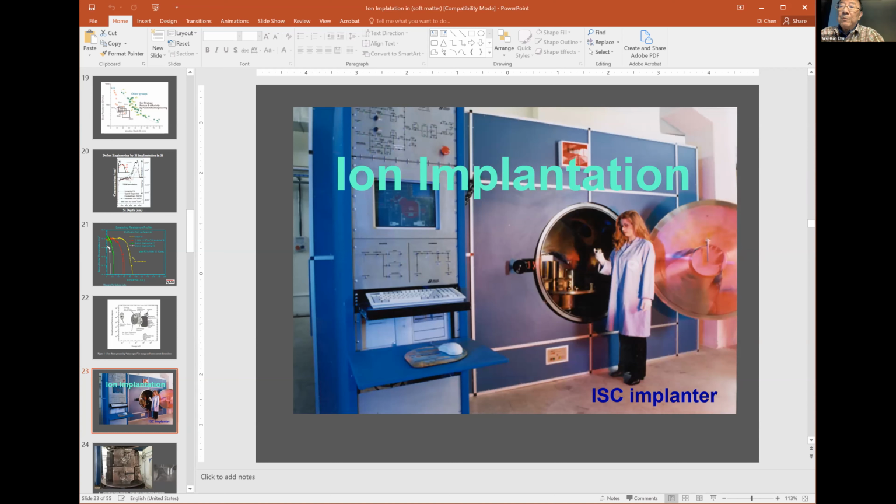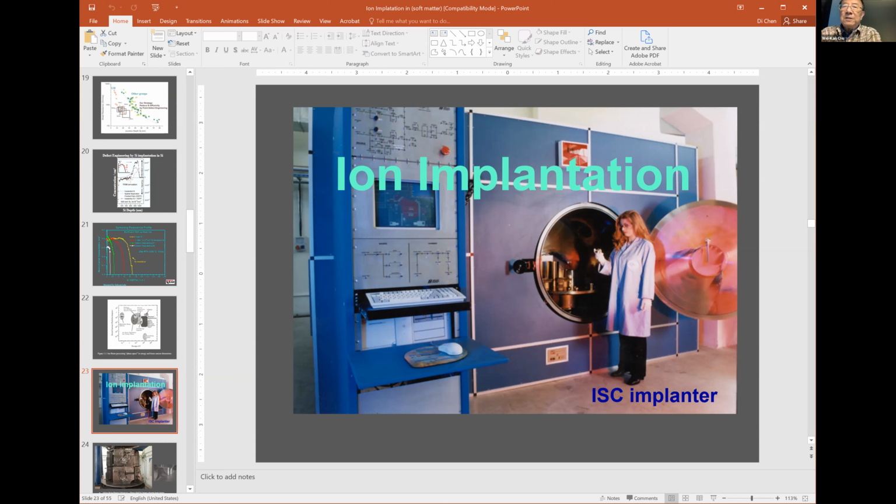For example, you can put an airplane turbine machine into it, and the implantation will be on the turbine, those very tiny, very sophisticated shaped turbine pieces. In this case, the implantation is nitrogen.